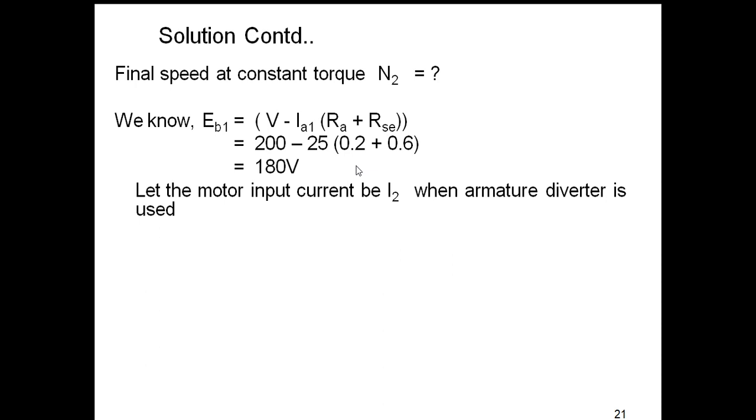Let the motor input current be I2 when armature diverter is used.